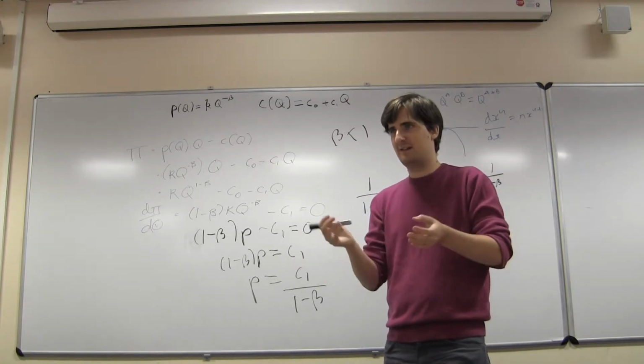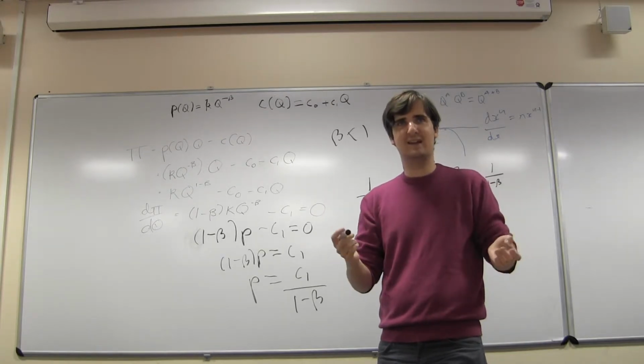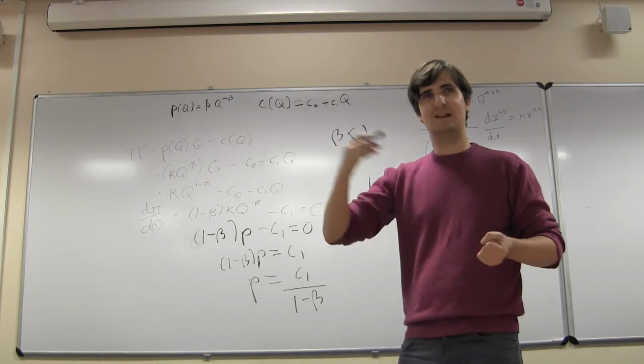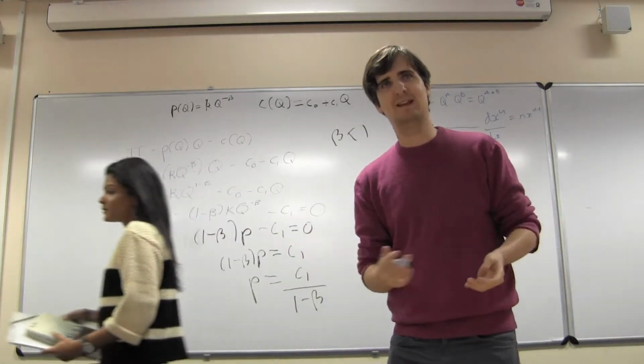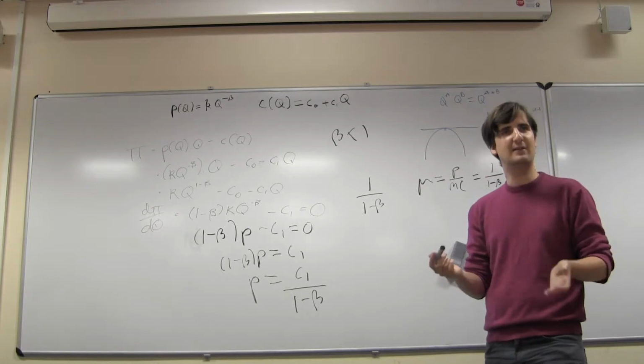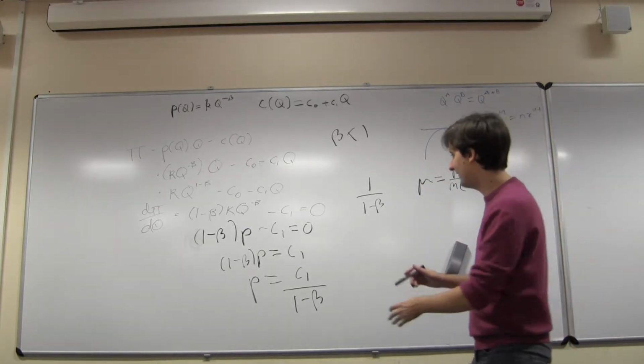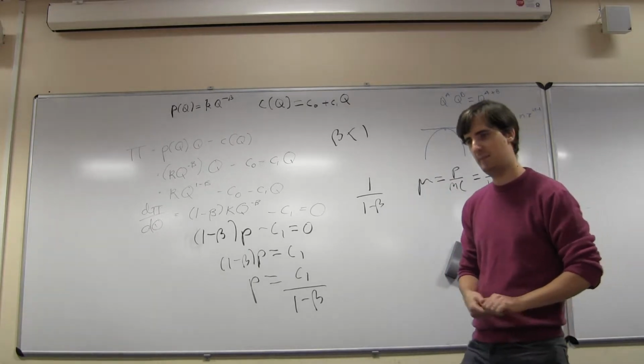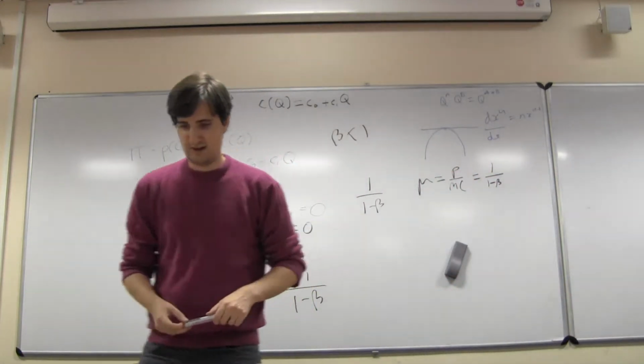If you're starving in a desert, your demand for a glass of water is going to be very inelastic. You're going to be prepared to give anything for this glass of water because if you don't have it, you're going to die. So with very inelastic demand, a monopolist wants to set a very high price.